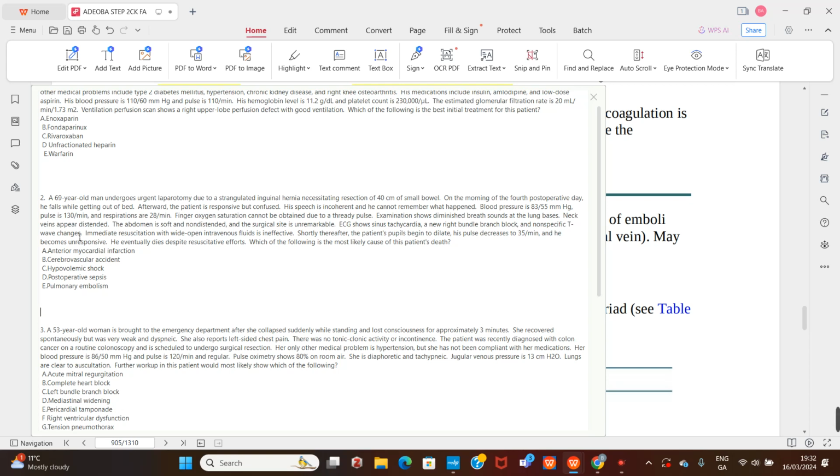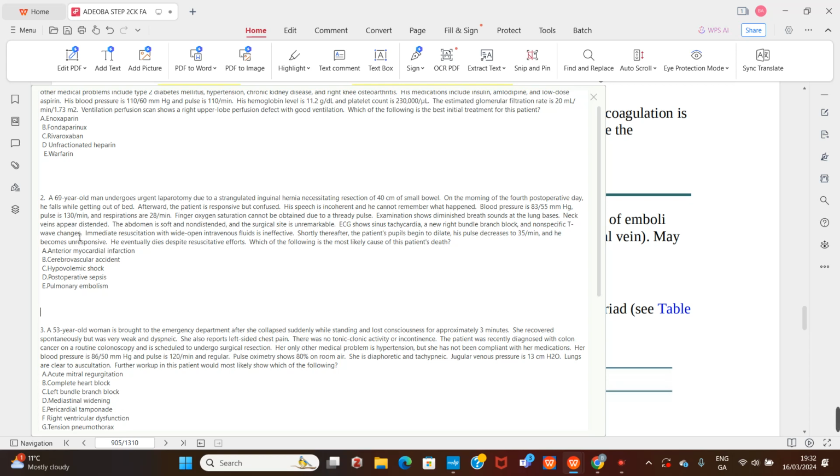A 69-year-old man undergoes urgent laparotomy due to strangulated inguinal hernia, necessitating resection of 40 centimeters of small bowel. On the morning of the fourth operative day, he falls while getting out of bed. Afterwards, the patient is responsive but confused.